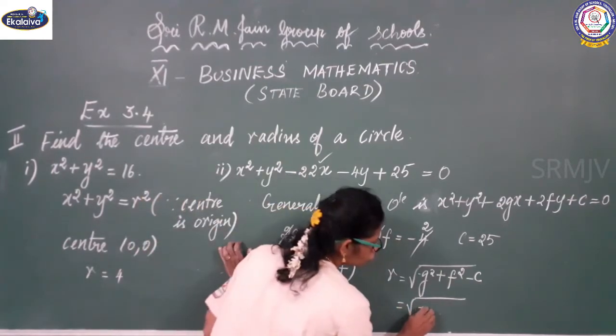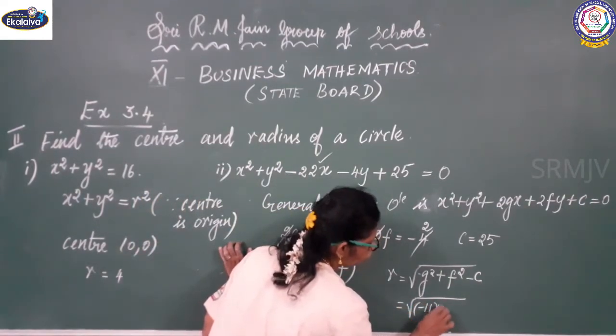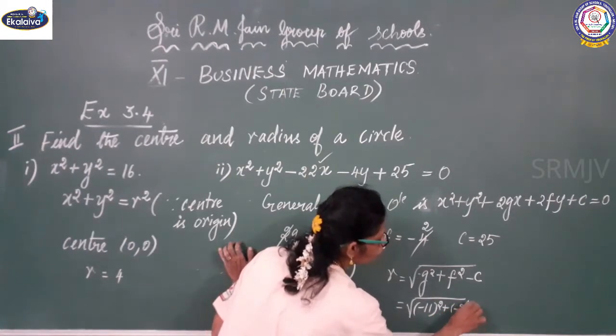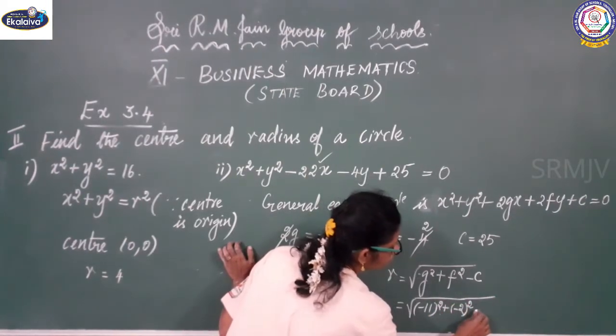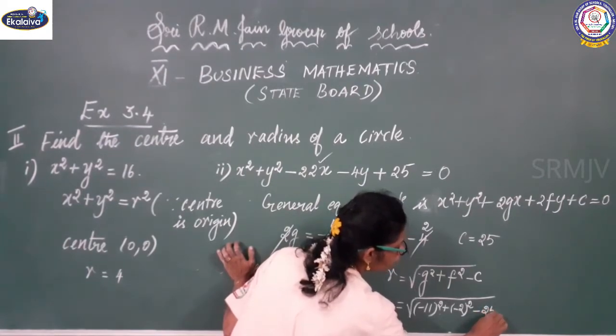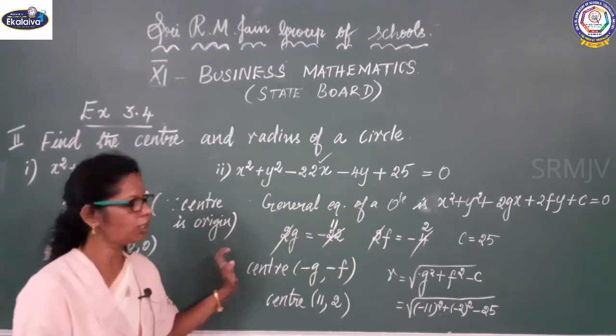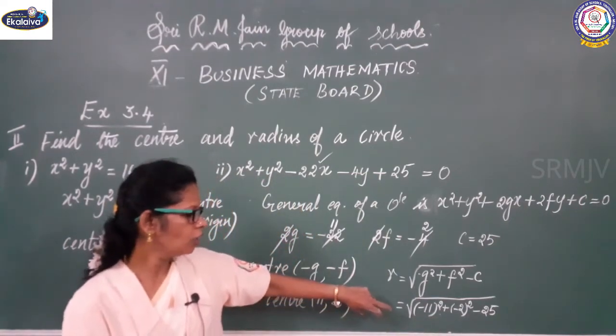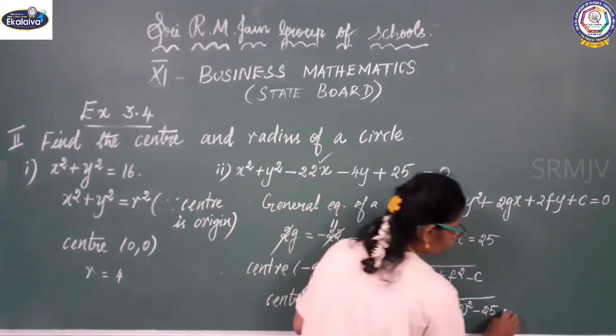Minus 11. So minus 11 the whole square plus minus 2 the whole square minus 25. Now you see 11 square. You know that answer, right? 11 square becomes what?